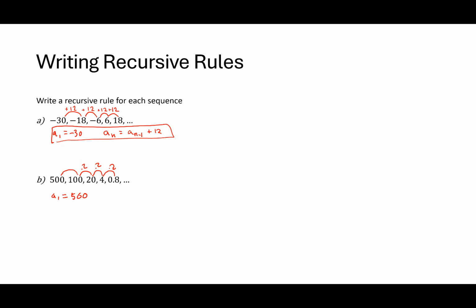Okay, 100 divided by 500, 0.2. So we were multiplying by a 0.2 every time. 500 times 0.2 would give us 100. 100 times 0.2 would give us 20. So now I know that to find any number in the sequence a sub n, what I need to do is go to the previous number and multiply that by the common ratio, 0.2.